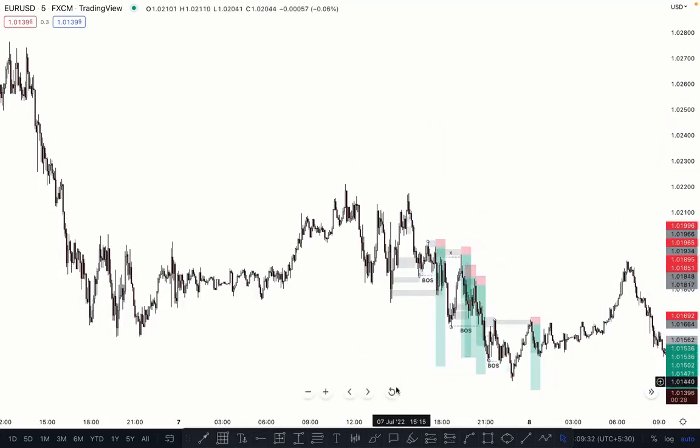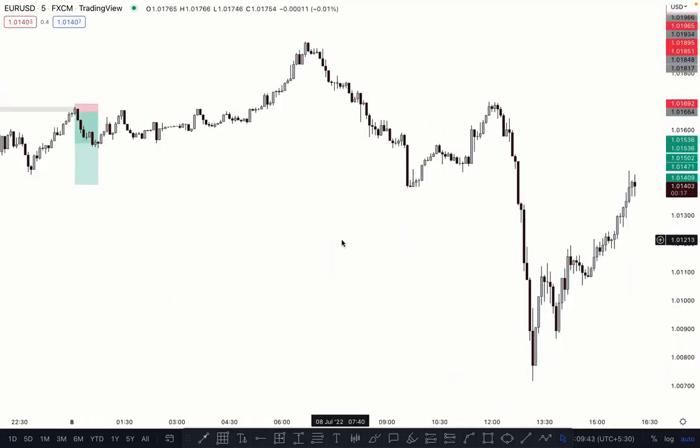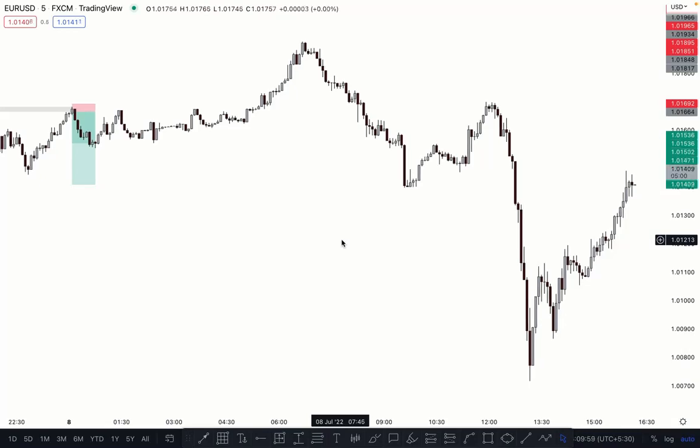This was the 1-minute chart. The same strategy works in every time frame, every currency pair, even the stock market, forex market, US stock market, Indian stock market, Nifty, Bank Nifty, everywhere it works very smoothly, because every market has manipulation. Without manipulation, without liquidity, the market can't go higher or lower.